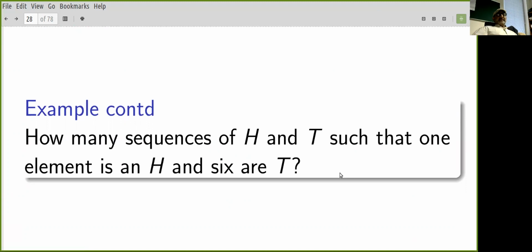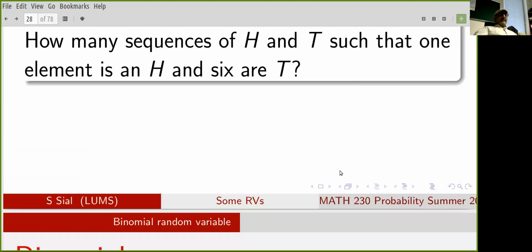So how many sequences of heads and tails are there such that one element is an H and 6 are T? Basically, out of 7 places where you could have an H, you have to choose one. And then you have its probability, and then you pick another one and another one, and you add all those probabilities up. So how many ways are there to do that?